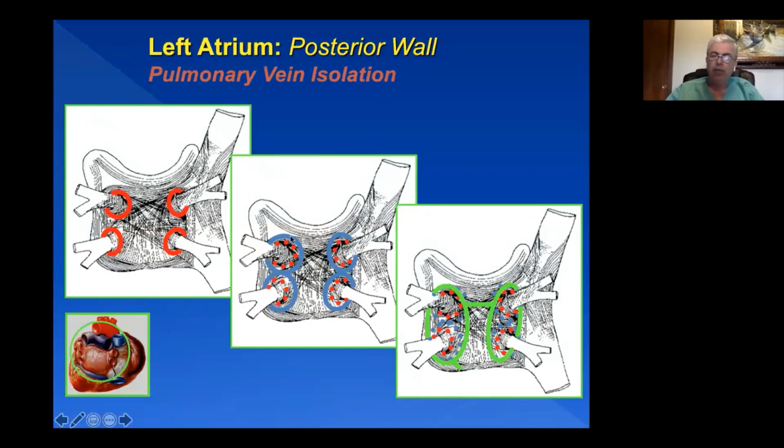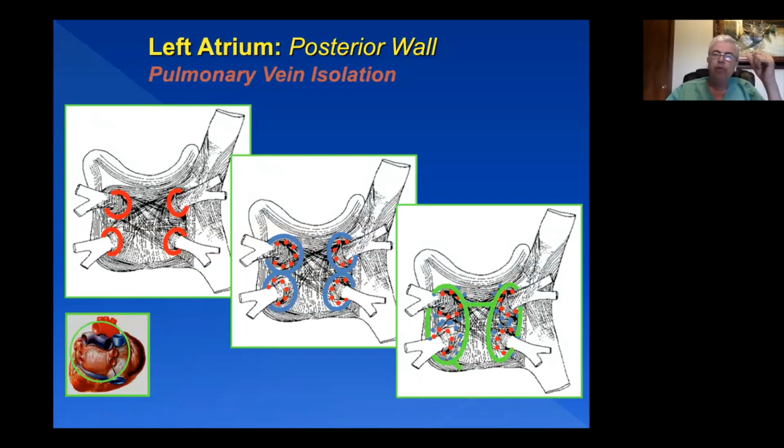And when we tried to circle all veins one at a time, we ran a risk of burning and scarring down tissue at the opening of the veins and occluding those veins or causing stenosis in the lumen of the vein, which could be as small as 10 millimeters, and can cause pulmonary hypertension and a lot of problems and shortness of breath.